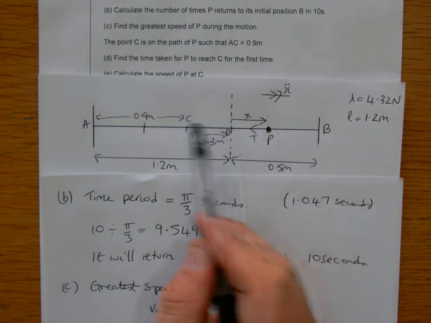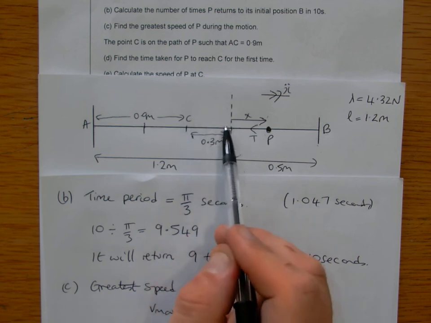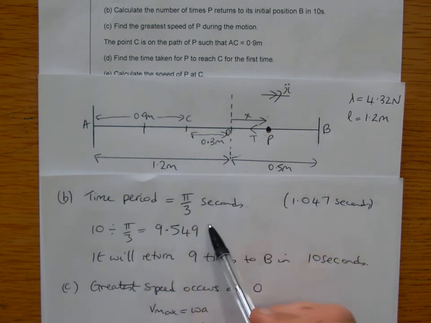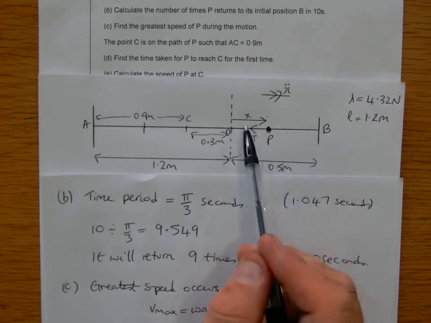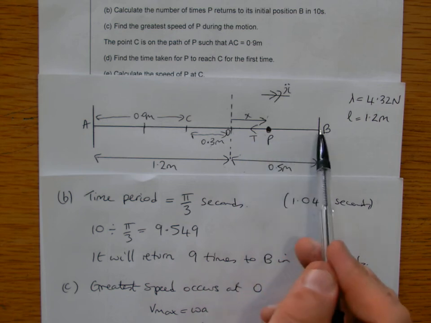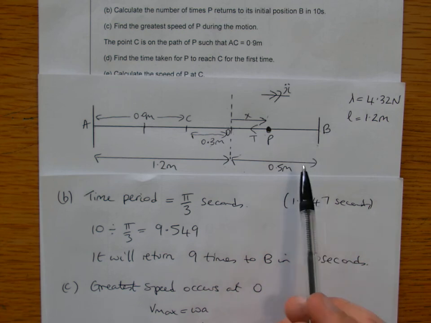Now I can work out O to C really easily because I can use the formula I've got, x equals A sine omega t. B to O, there are actually two ways you could do it. You could work out O to B and use the A sine omega t formula, or you could work it out from B to O, and because it starts at the extreme, you've got to use the A cos omega t formula.